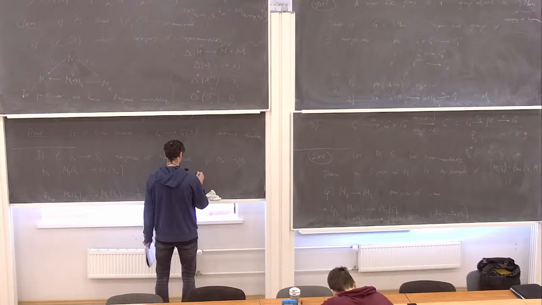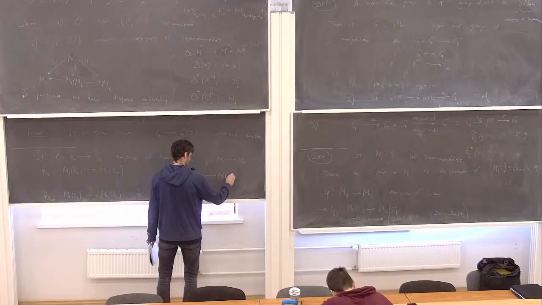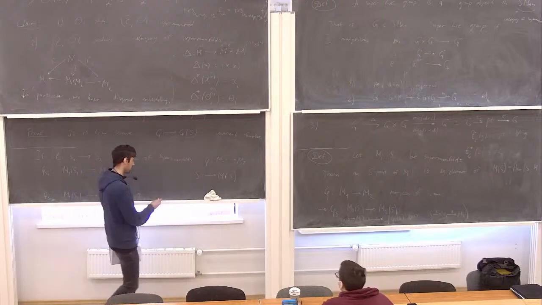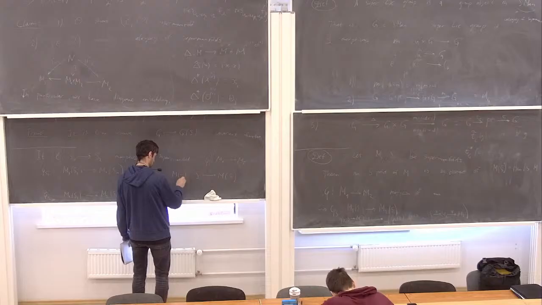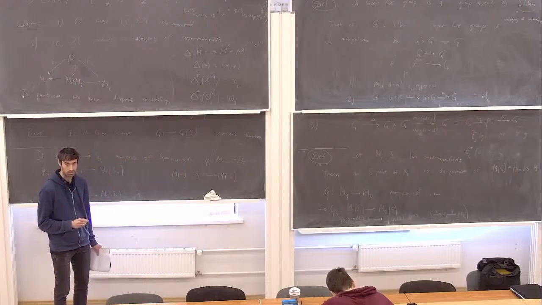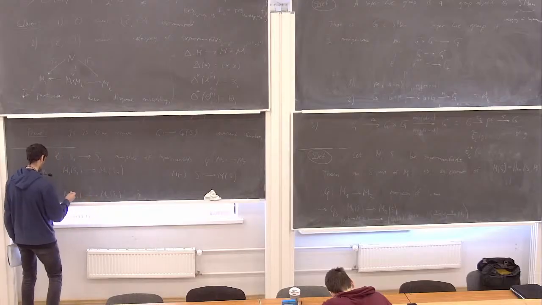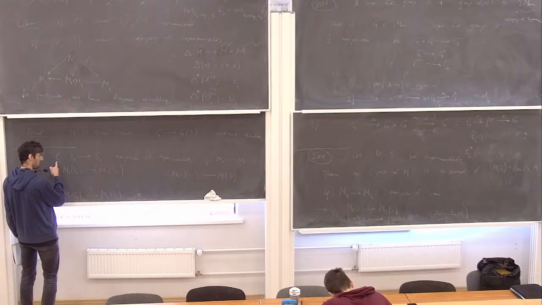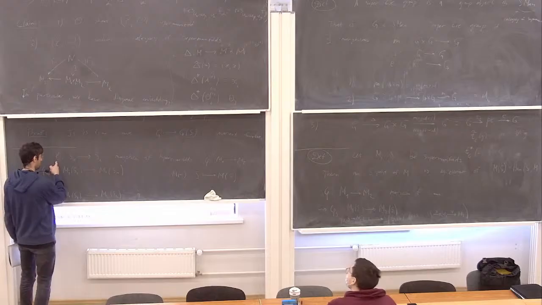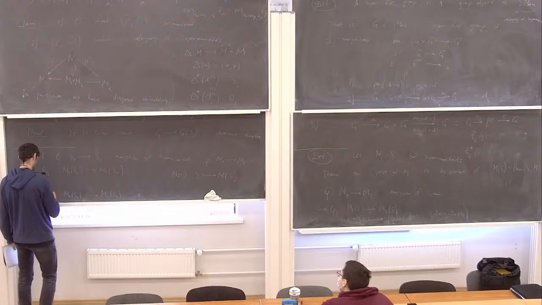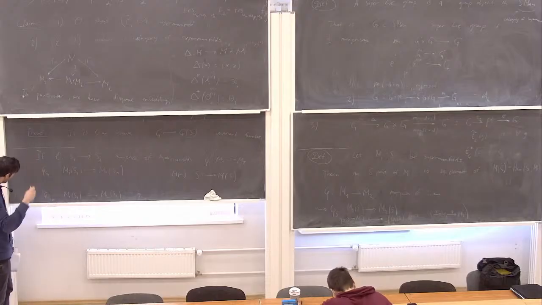So we have S to M of S, a functor that I will denote by M. Since it's a functor, it also acts on morphisms.